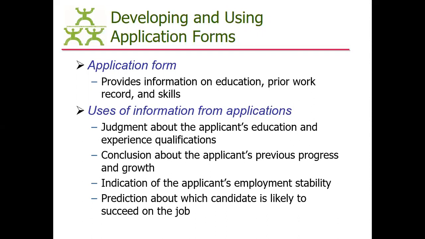The first purpose or use is that the applicant's education and experience qualifications are usually judged by the committee and HR department from applications. Conclusions about the applicant's previous progress and growth, an indication of the applicant's employment stability, and prediction about which candidate is likely to succeed on the job. So these are some of the uses of information from applications.